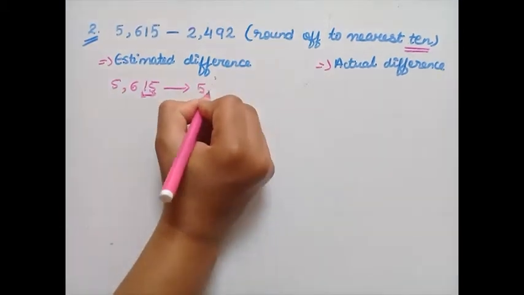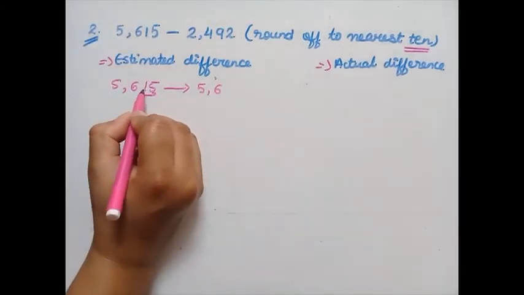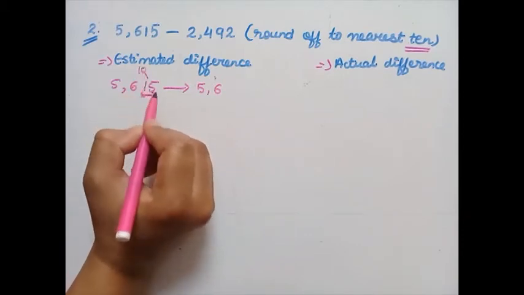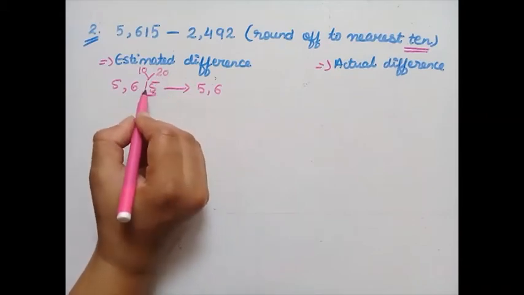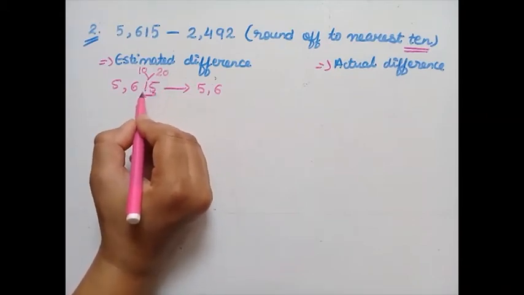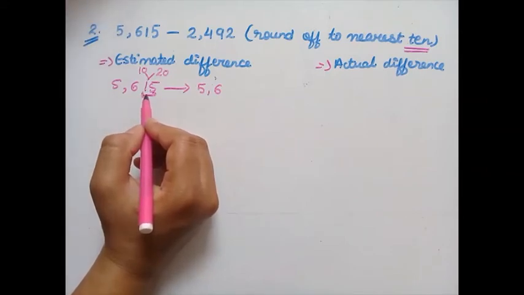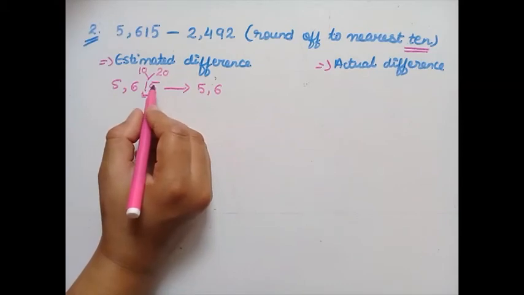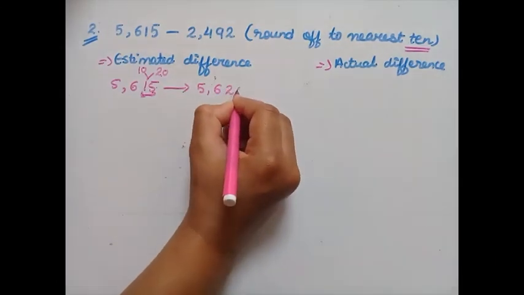So note down the first and second numbers as they are. Now ones and tens: 1 is at the tens place, so put 1 and 0. What comes after 1? It's 2 and put 0. So here it is 15. 15 is closer to which number? It is at the middle. So whenever there is 5, it is closer to the greater number. So 15 is closer to 20. So in place of 15 we will write 20.